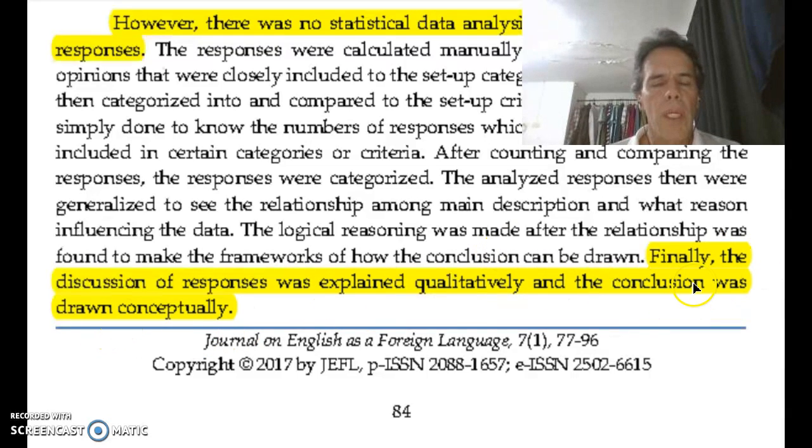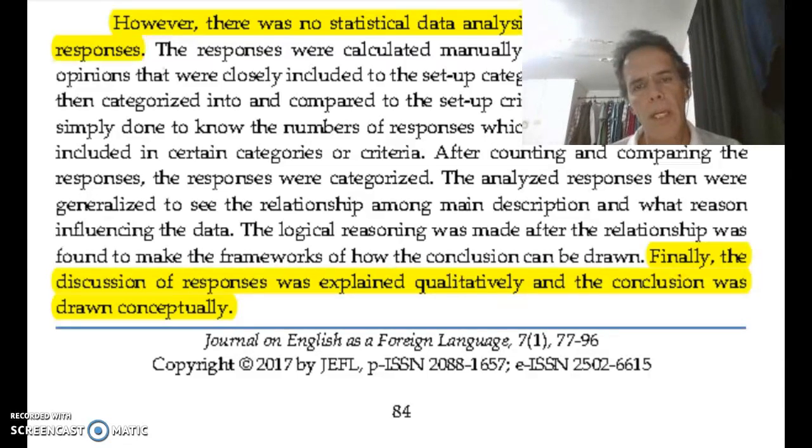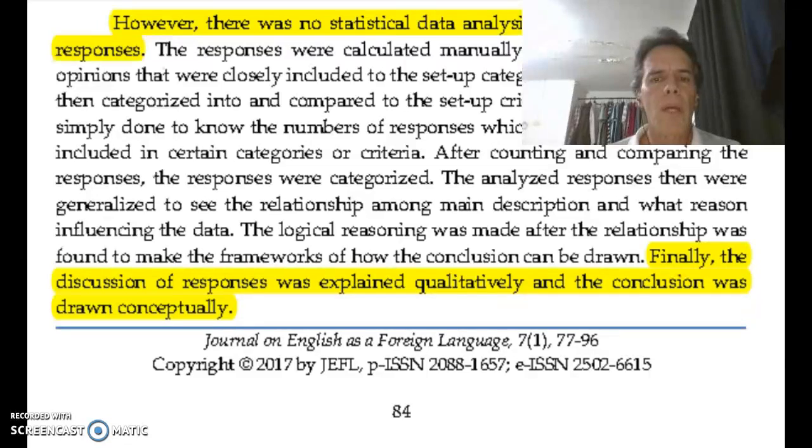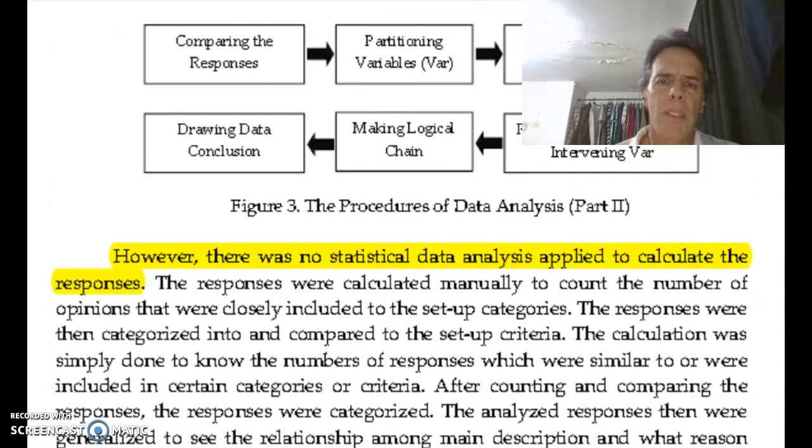So, as we can see, there are a lot of hints and a lot of clues in the research and in the article, so that we can conclude that this is an article with a qualitative method of research.